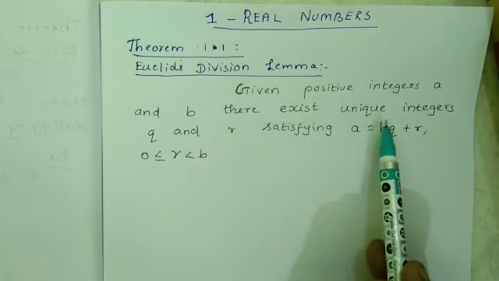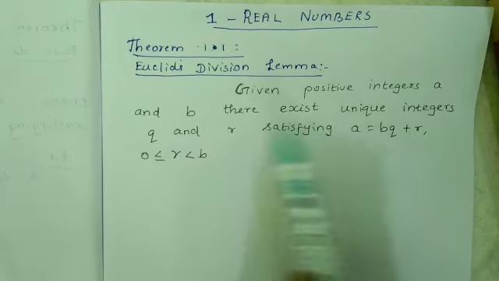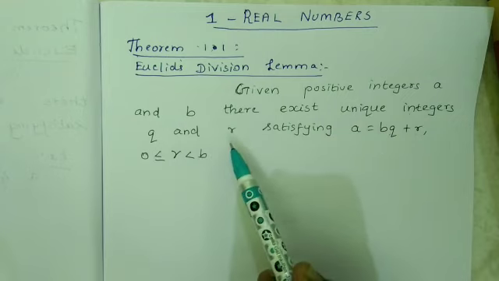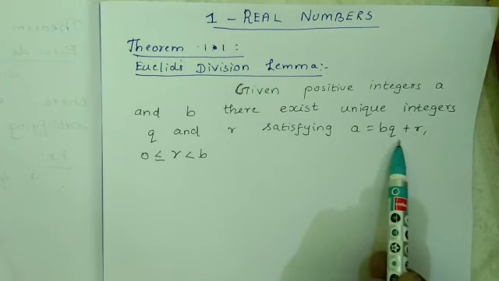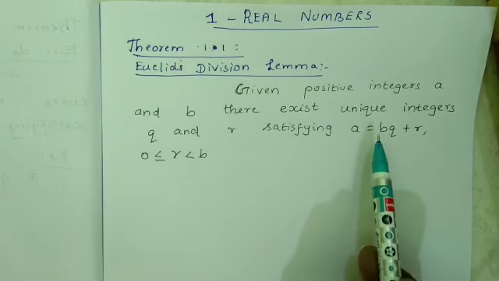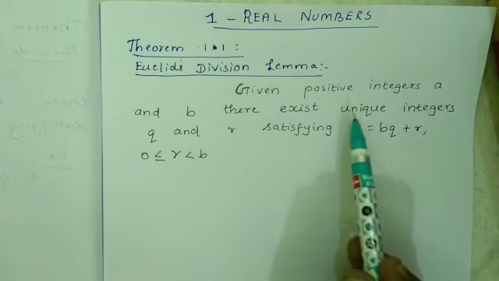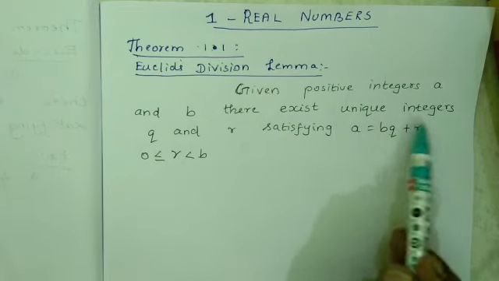What do we mean by unique? Unique means they are unreplaceable. That means only q and r can satisfy this equation and no other variables can replace q and r in this equation. So we denote them as unique integers.